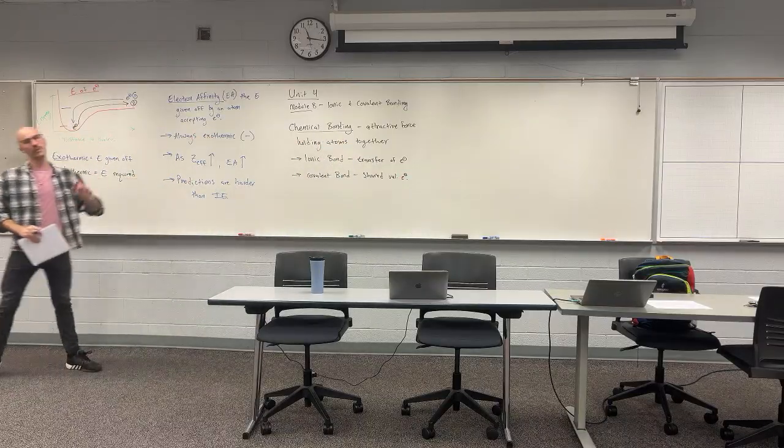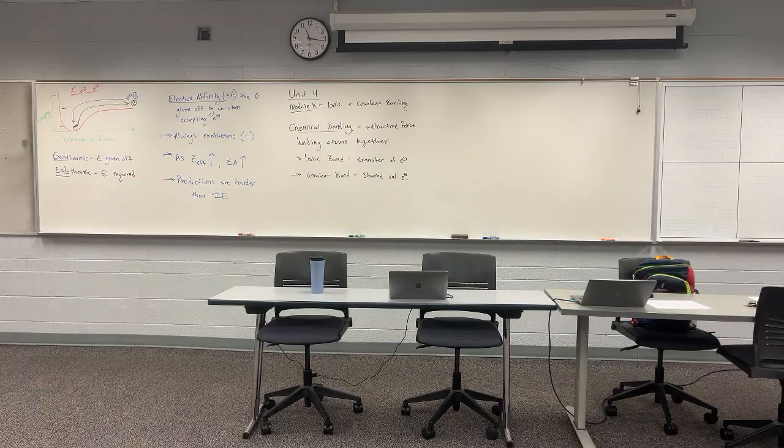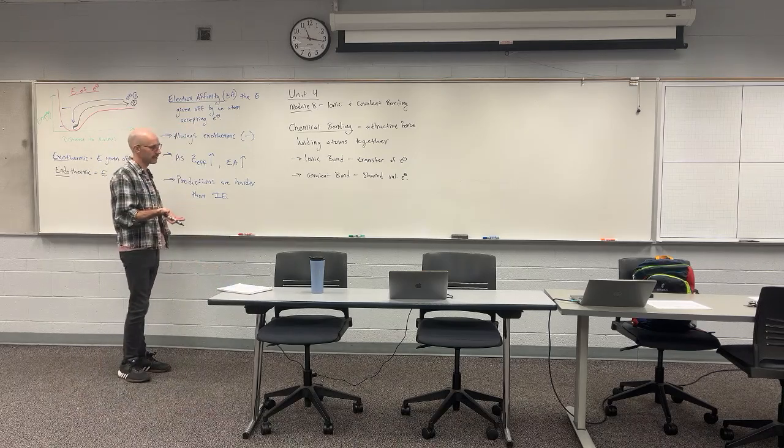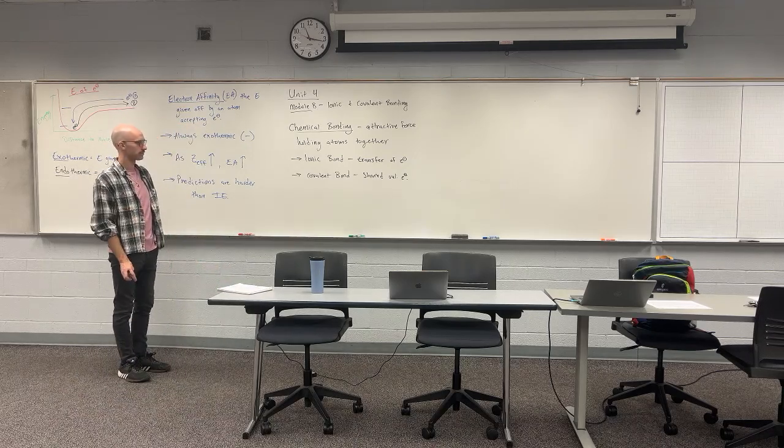I hope you are okay with me abbreviating valence there, V-A-L. But can anybody remind us what valence electrons are? For main group elements, it's just the electrons in the outermost shell, S and P. Otherwise, for transition metals, it's the highest energy, S and D, or F as well.